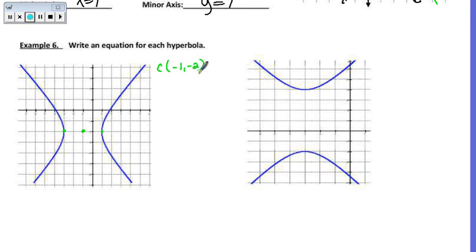I can see it is an x squared hyperbola. So it's going to be x plus 1 squared minus y plus 2 squared is set equal to 1. I can see that my a value is 2, so that's going to put a 4 here.